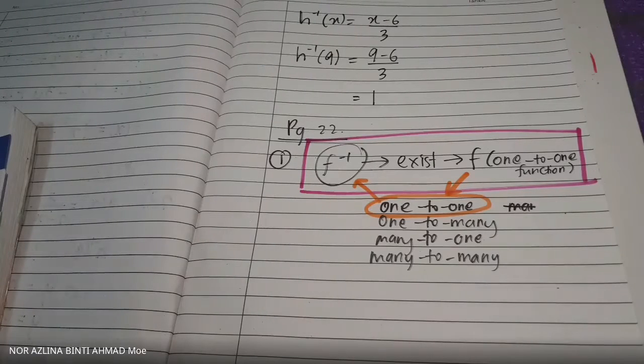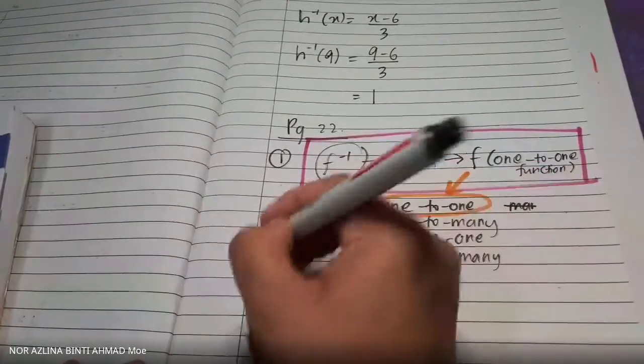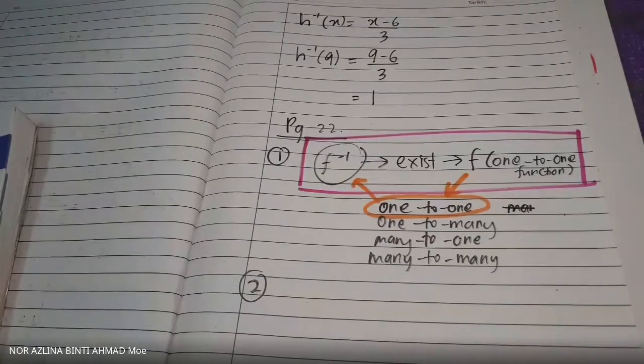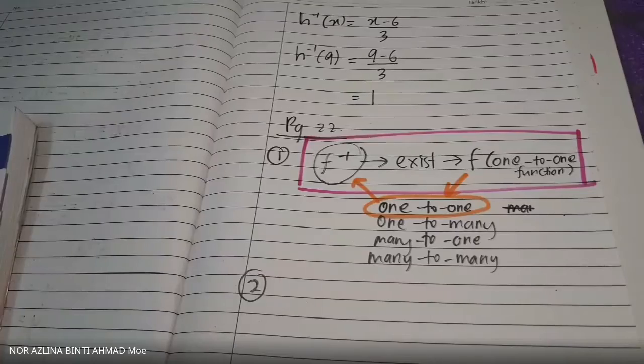Okay, next. Page 23. Yang biru tu juga. Saya minta awak baca yang page 22 and 23, yang inquiry 4, 5 and 6.